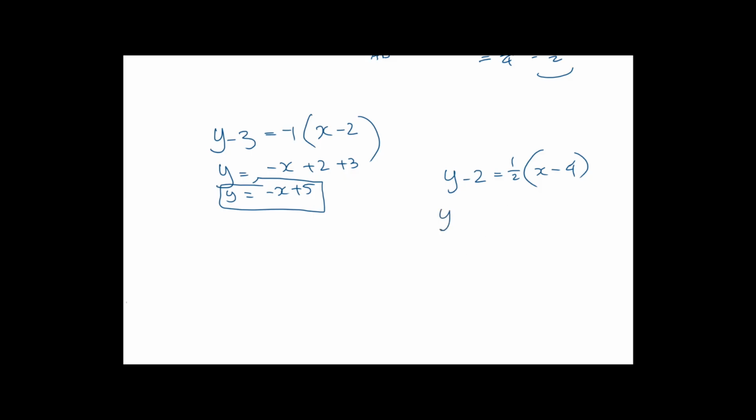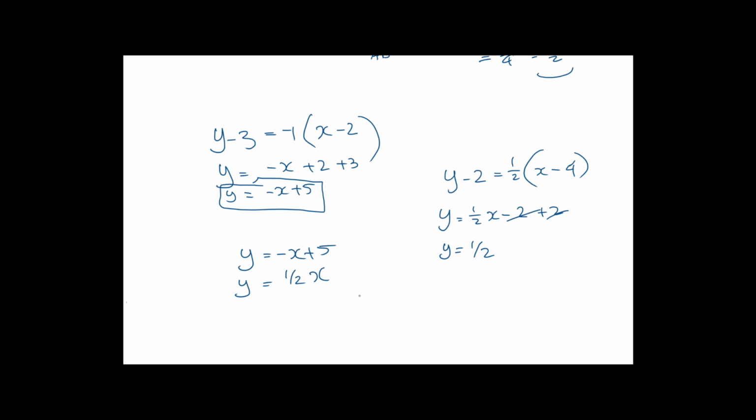So y is going to be equal to half x minus 2 plus 2. You're going to cancel. So y equals a half x. So we want to find where these two lines, y equals minus x plus 5 and y equals half of x, where do they cross?